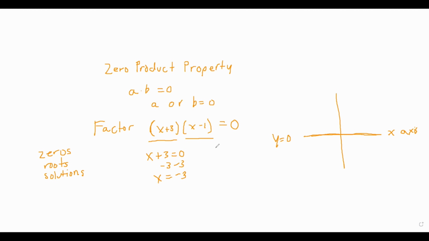If we do the same for our other parentheses, x minus 1 equals 0, and x equals 1. I'm not going to show work there, I think it's pretty self-explanatory. So our solutions, our zeros, our roots, are x is negative 3 and 1.